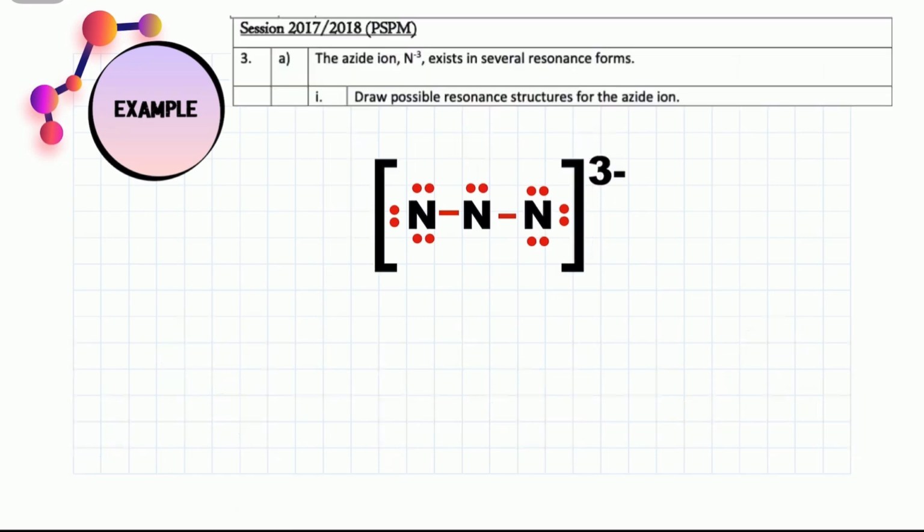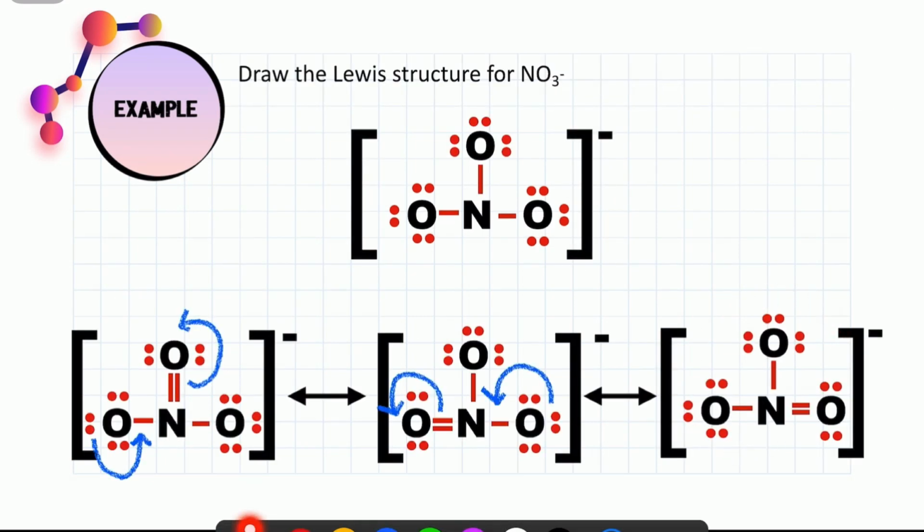And the third structure is the same: this oxygen will use one of the lone pairs to form a bond with the nitrogen. So here it becomes a double bond, and the nitrogen cannot have more than 8 electrons around it. So one of the covalent bonds of the double bond will form a lone pair on this oxygen. So these three structures show how the bonding electrons and lone pairs are delocalized.